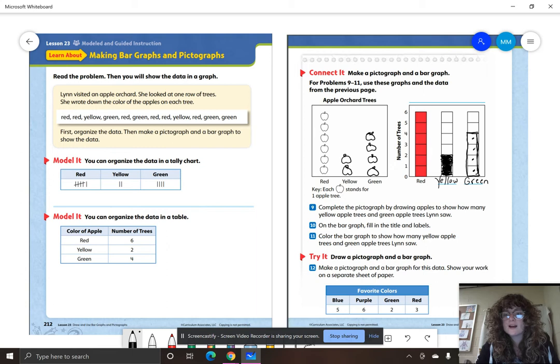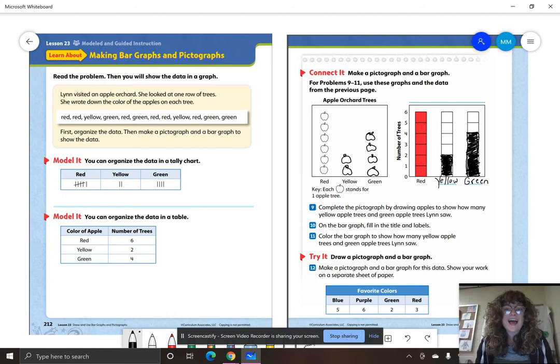Okay, and now I can shade in 4 tiles. All right. So we were able to show how many red apple trees there were, yellow apple trees, and green apple trees.